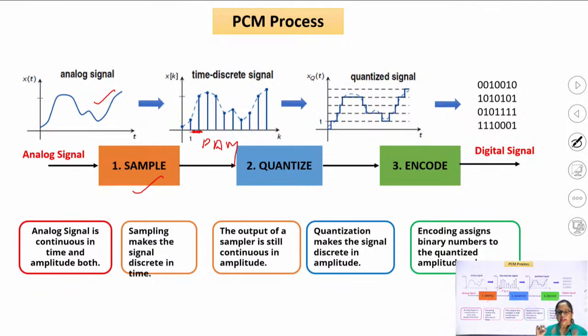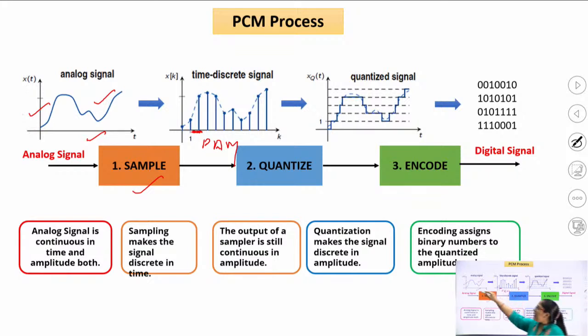Okay. The second step is to convert this time discretized signal into an amplitude discretized signal. We have 2 parameters in our continuous signal, continuous time and continuous amplitude. So the continuous time is discretized with the help of a process called sampling.